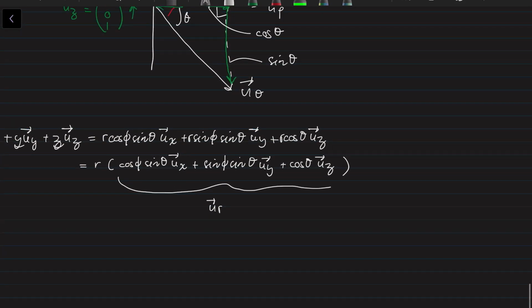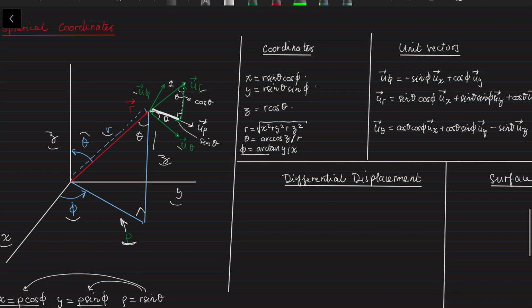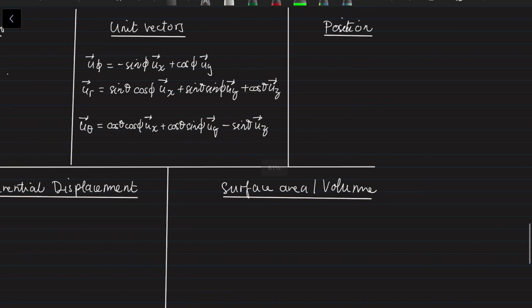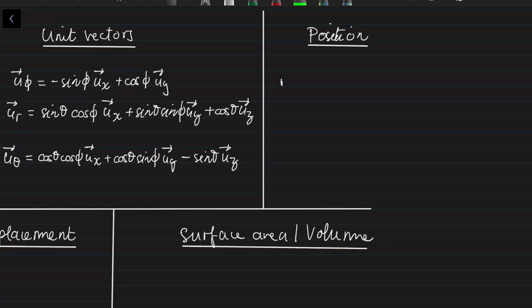So let me show you my unit r vector that we found. We said that ur was sine theta cosine phi ux plus sine theta sine phi uy plus cosine theta uz. So actually my position vector in spherical coordinates is just r times ur. Okay, so that's again a nice and compact expression.